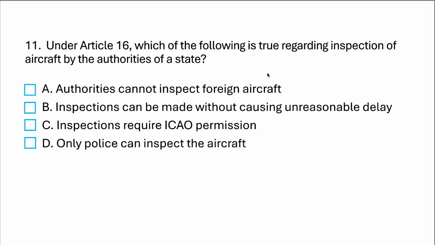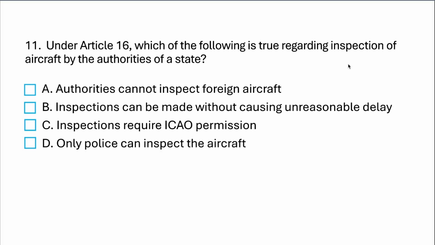Under Article 16, which of the following is true regarding inspection of aircraft by the authorities of a state? So an aircraft from another state just landed or maybe taking off from another state, which is not its state of registration, and the authorities of that state got suspicious information about that aircraft.